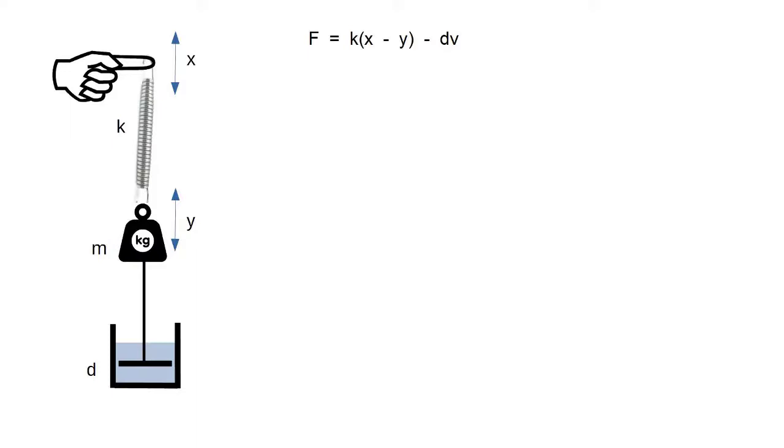So we can write the equation for the force, F equals K(x minus y) minus d times the damping, and according to Newton that is equal to the mass times the acceleration. Now we're not trying to represent any real physical system, so we can set our mass to 1, giving a equals k(x minus y) minus d v.